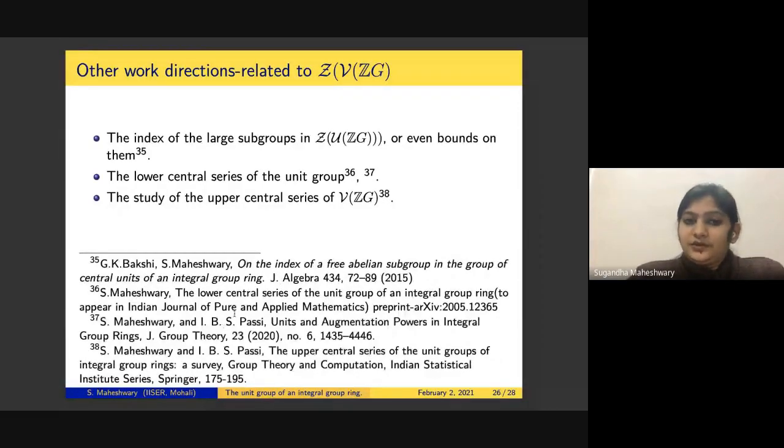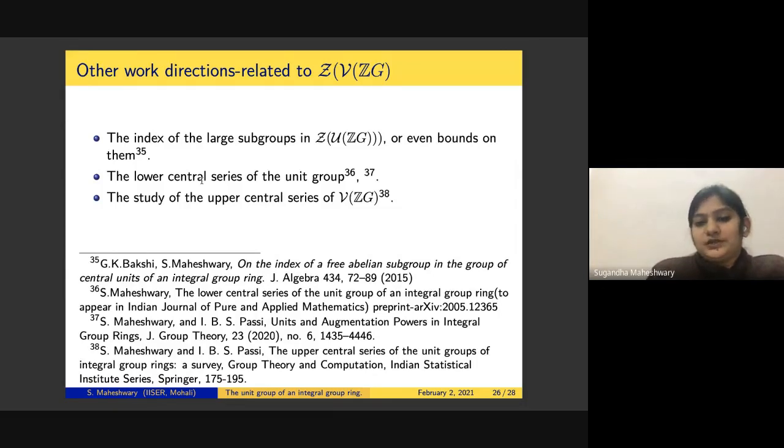There, the very basic problems on the lower central series of the unit group are not known, and there is a lot which can be done in this direction. That came out analogous to the study of the upper central series, and I'll talk about the upper central series a bit.